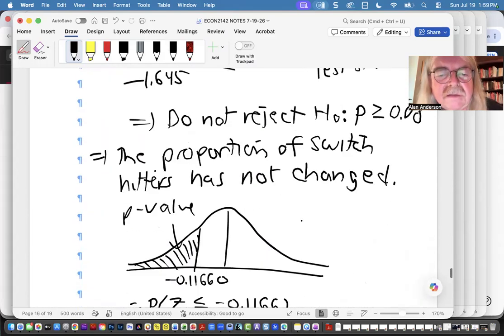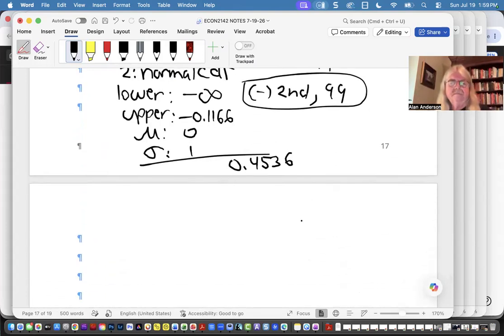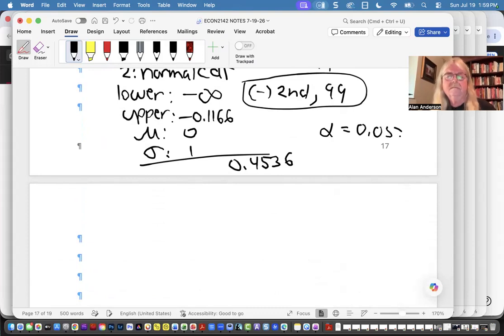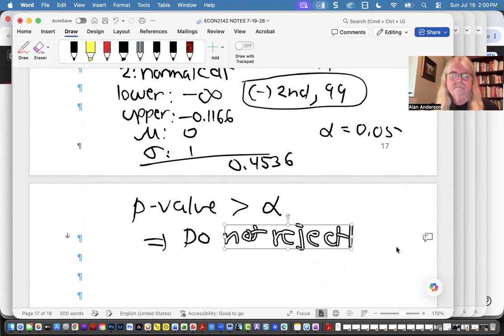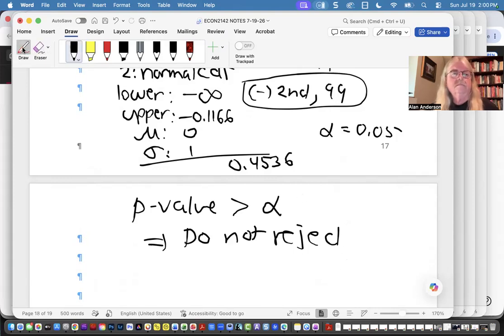And of course, it's the same conclusion. It has to be.